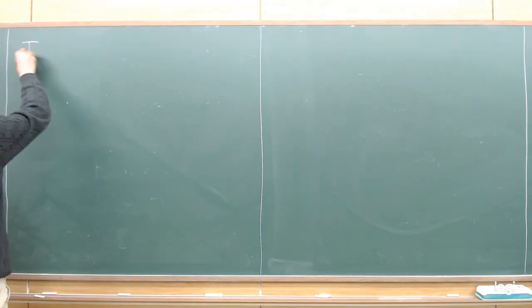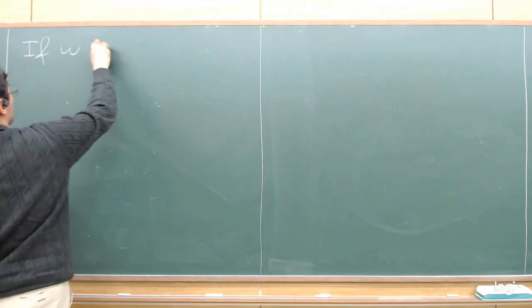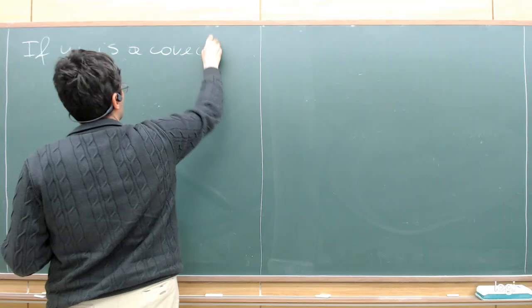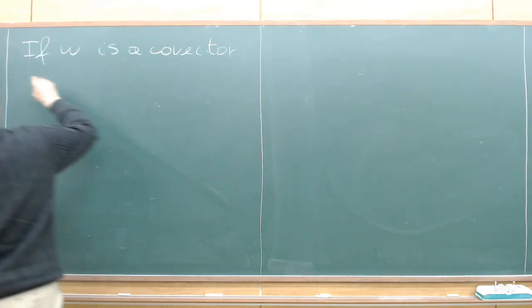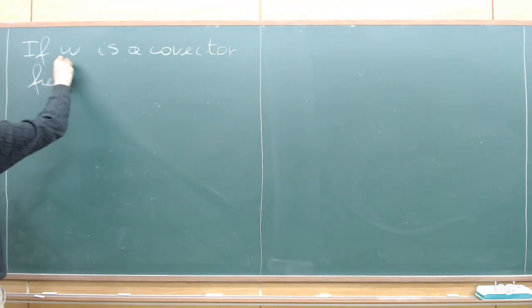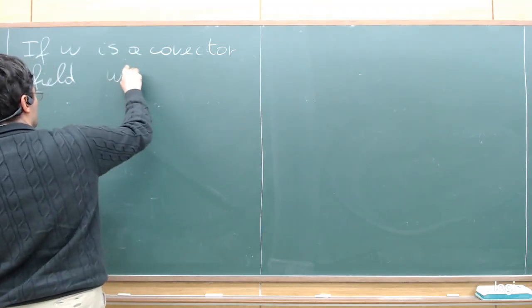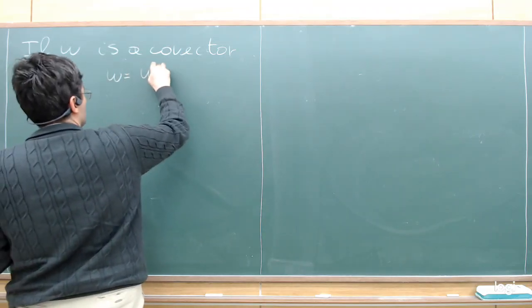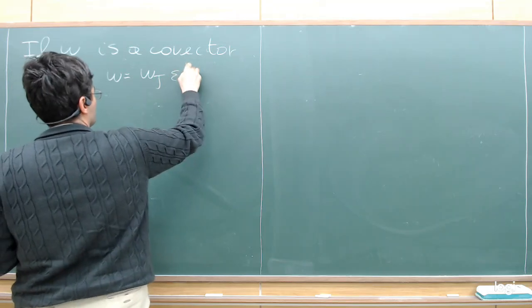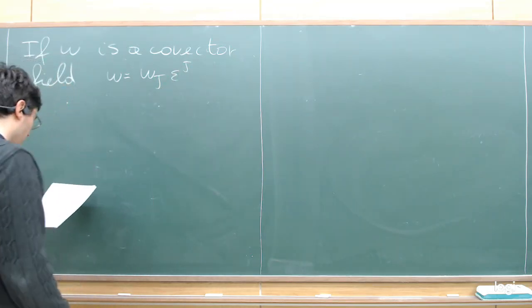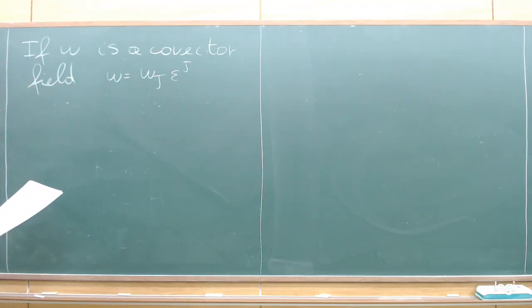If omega is a covector field, that is, omega can be written as omega j epsilon j, where epsilon j is a dual coframe.